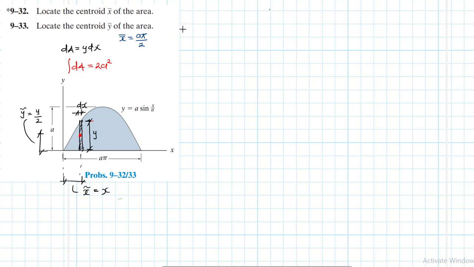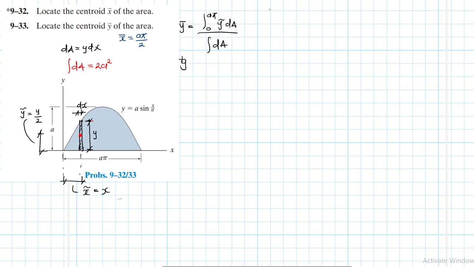Of course. So we have y bar is equal to the integral of y cubed dA divided by the integral of dA. Of course, we're going to use the same index direction. dA we already know.